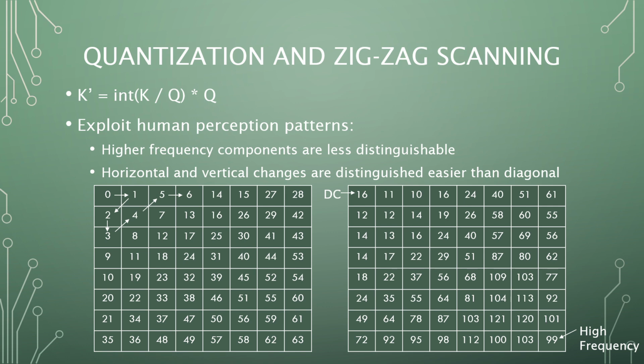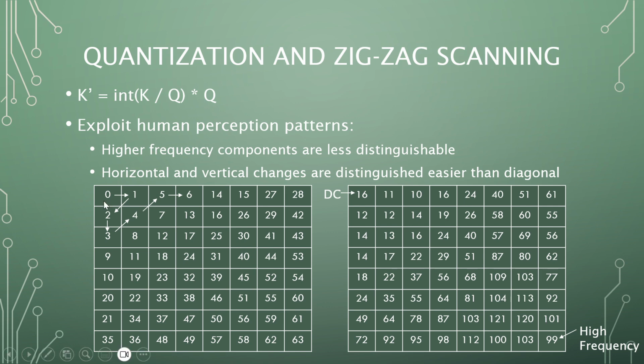We can round them to the closest 100 as opposed to, let's say, the closest 10, because we can't distinguish at high frequencies. The second pattern that is exploited is that humans cannot detect changes diagonally as well as we can detect changes horizontally and vertically.